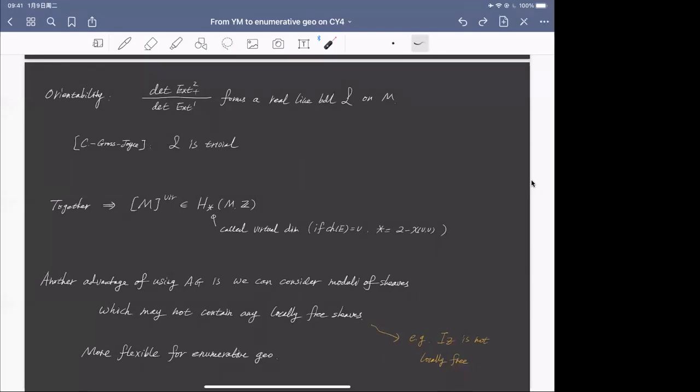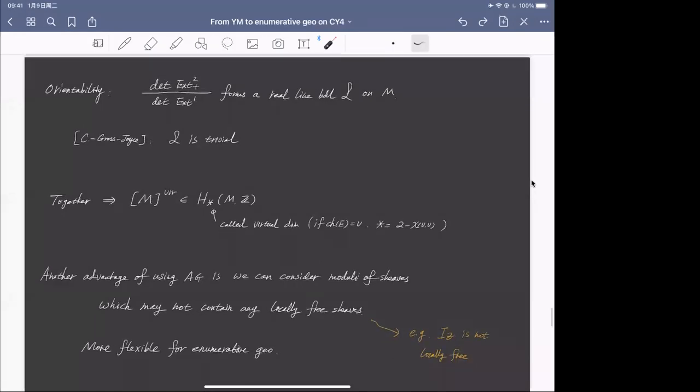Another advantage of this algebro-geometric setting is that we can consider more flexible moduli of sheaves, which may not contain any locally free sheaves in our moduli space. For example, if you consider the ideal sheaf of 0-dimensional subschemes, this is not locally free anymore. So it does not correspond to any bundles anymore.